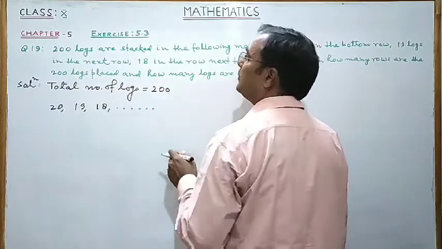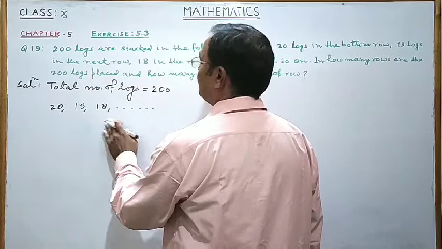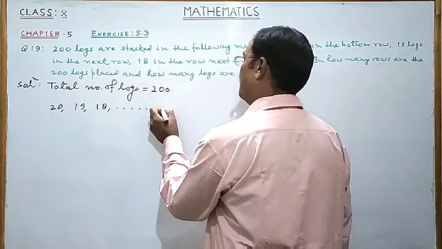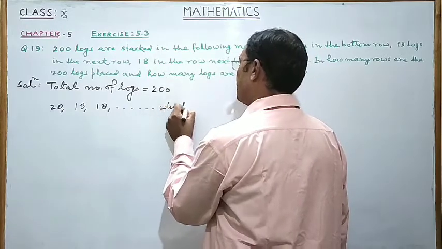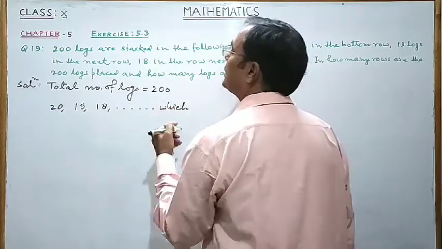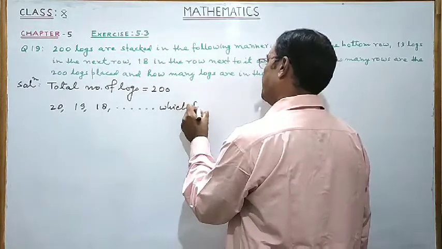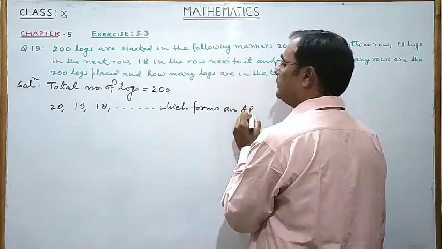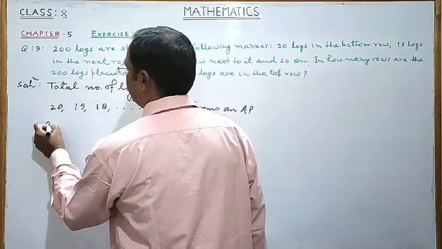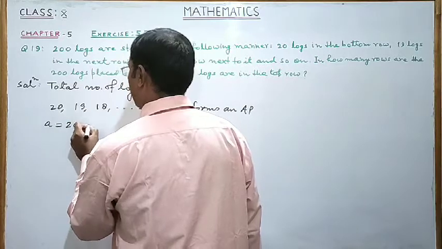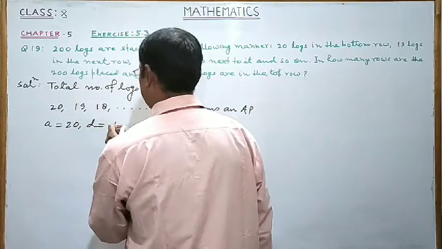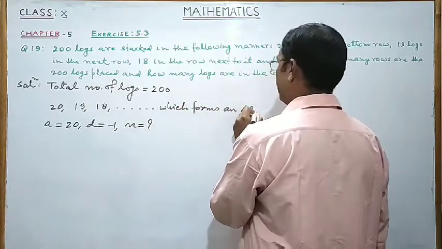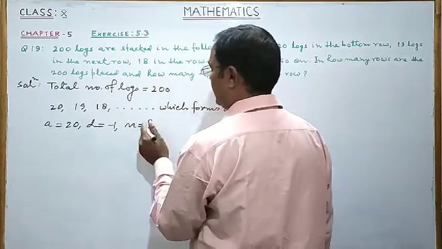And this list of number of logs in different rows in which 200 logs are stacked forms an AP with first term 20, common difference -1, and n not known.